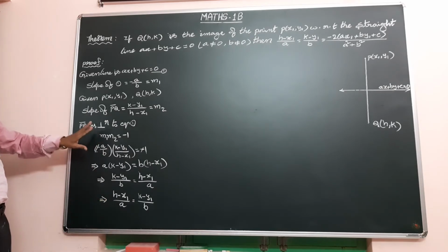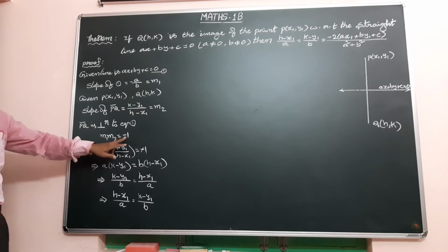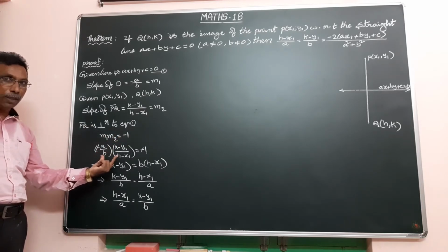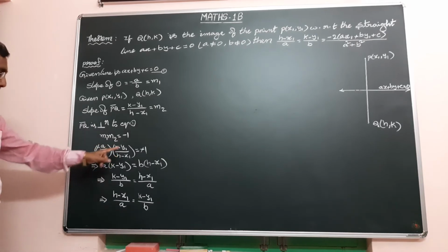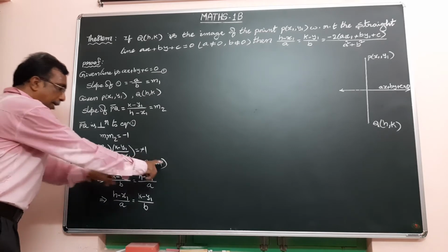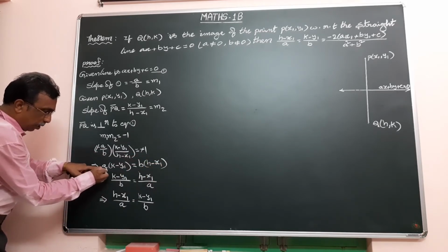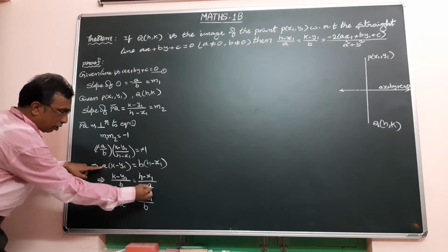Once again observe this one, m1 into m2 equal to minus 1. Product of these two slopes equal to minus 1. a into k minus y1, b into h minus x1. Now we take this a coefficient LHS to RHS, h minus x1 by a.